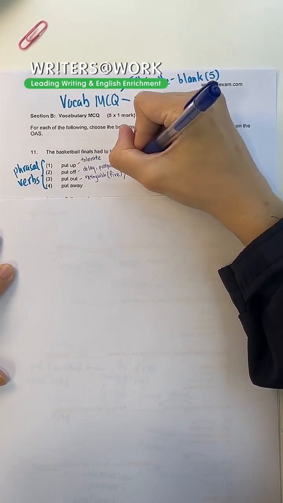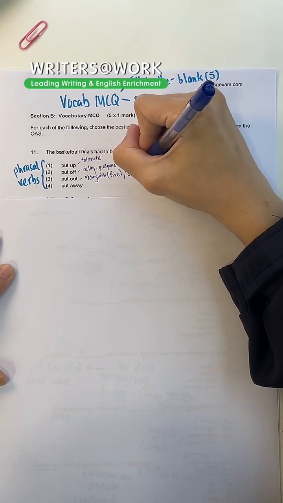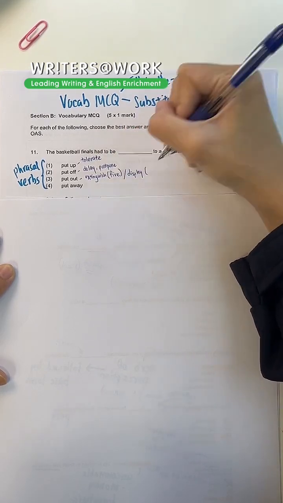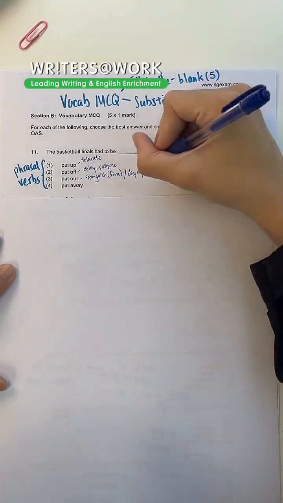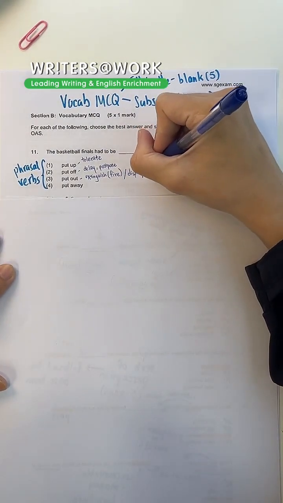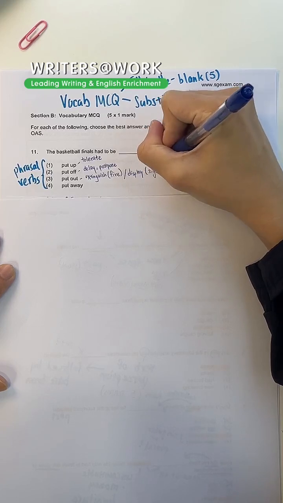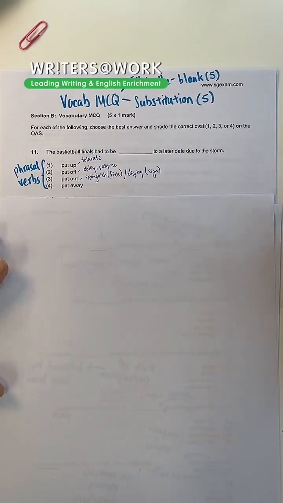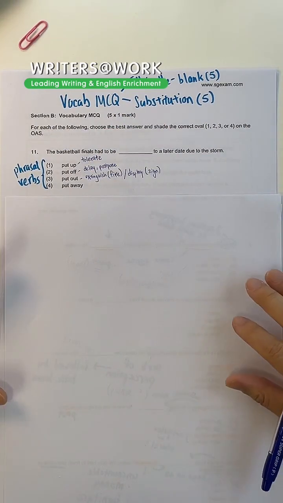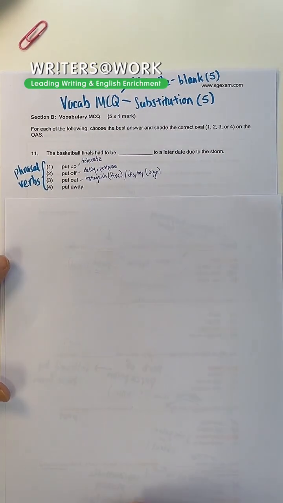Or it can also be used to display a sign or to display an advertisement. For example, the restaurant put out a sign advertising its newest promotion. So put out can be quite different depending on the context of the sentence. It isn't just one fixed way of using the phrasal verb.